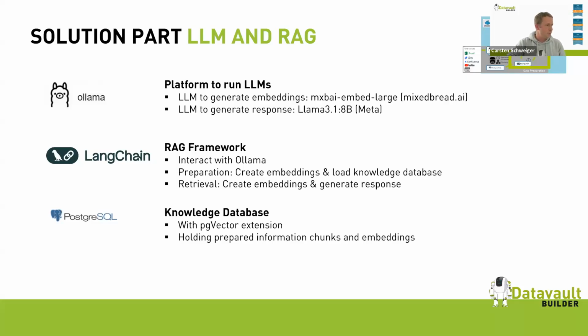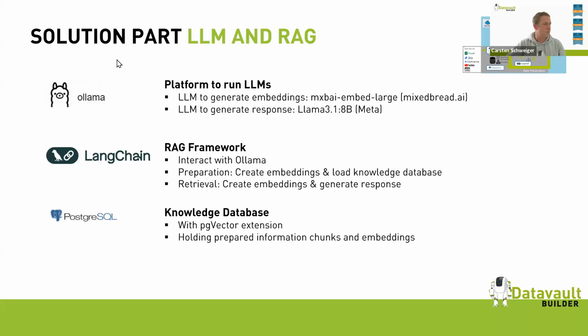And for the communication with the Ollama platform, we use LangChain. That's a framework, a Python library actually, and we use it for the preparation process to create the embeddings for the knowledge database, and we use it for the retrieval also to create the embeddings, both with the MixBread AI model, to generate the response.